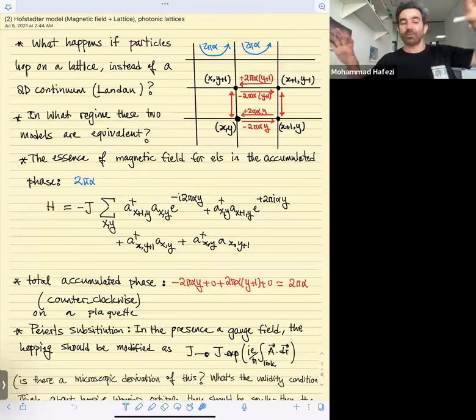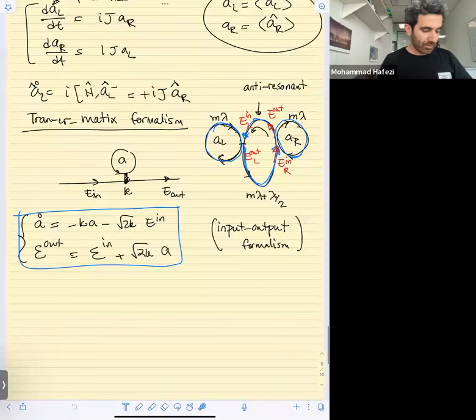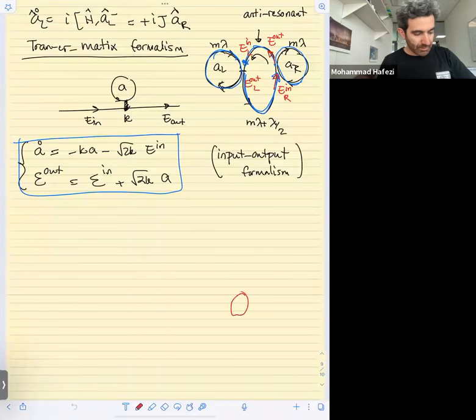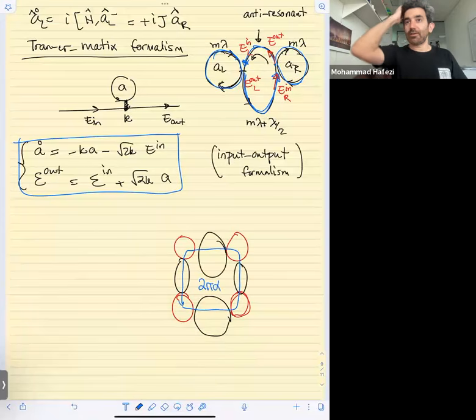I make a two-dimensional array of these ring resonators. In particular, I will make resonators like this and resonators like that. And then I couple them with the resonators that are asymmetric. But I couple them in such a way that when I go around a single plaquette, I get 2 pi alpha phase.